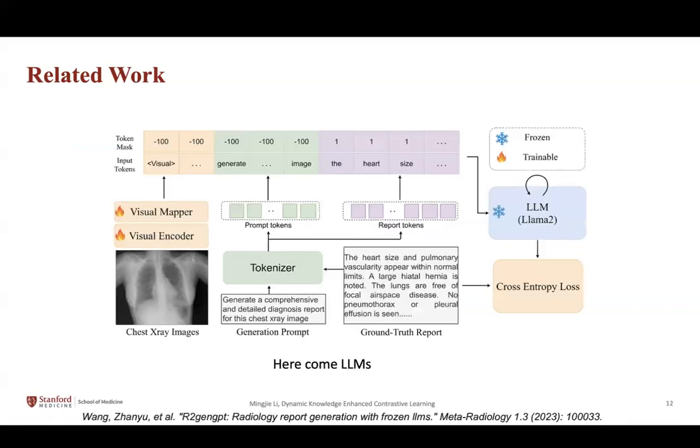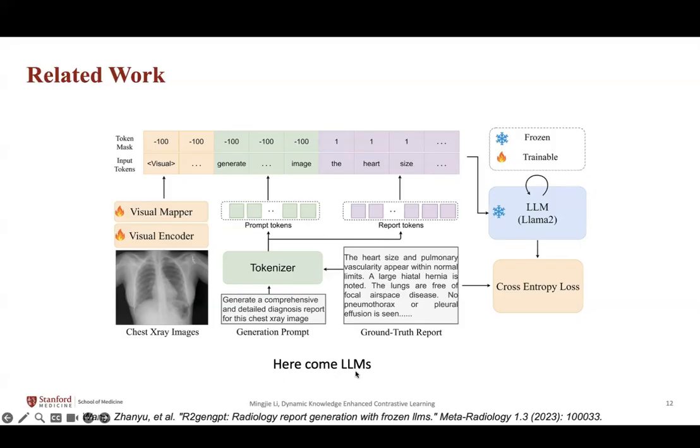And right now, here come the large language models. Everything becomes very easy at this time. You only need to give the large language model the visual tokens and the prompt. It will generate a coherent and textually relevant report.